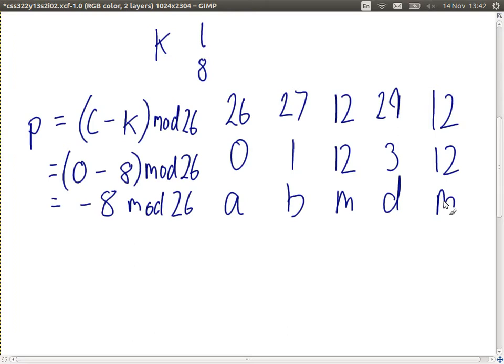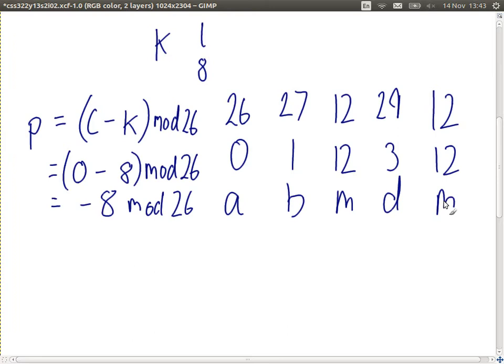Some deal with answers that may be negative numbers. In this interpretation, our answer is never a negative number. Our answer is a number between 0 and the modulus minus 1, 0 and 25 in this case.